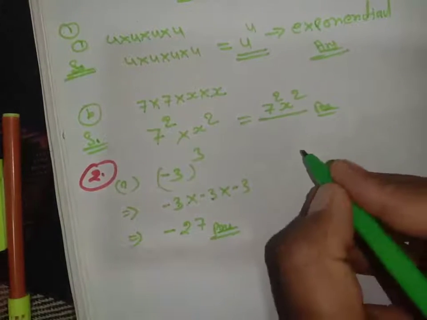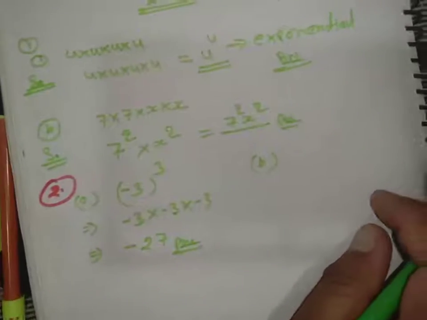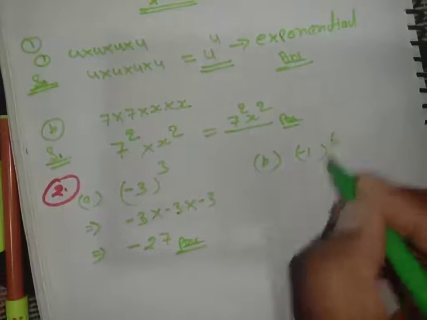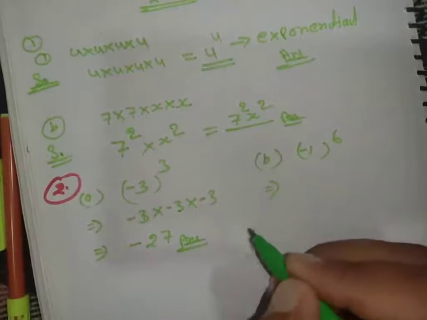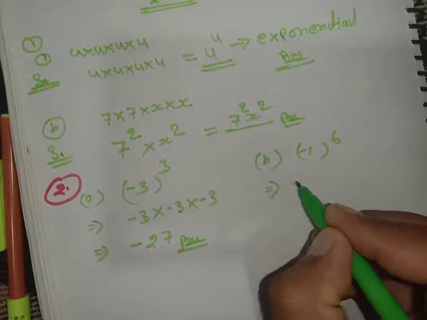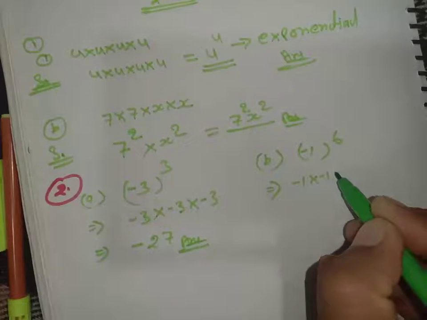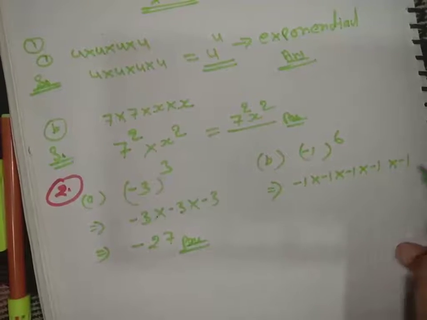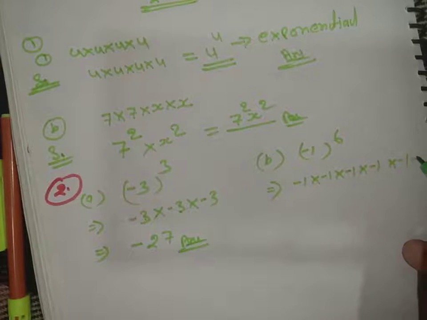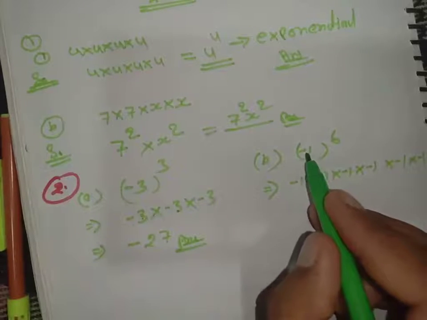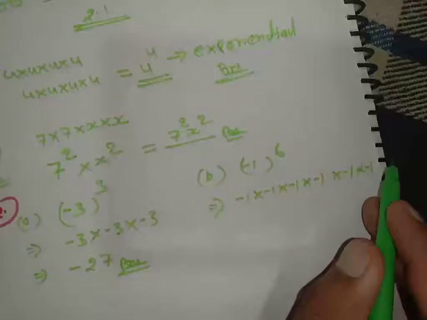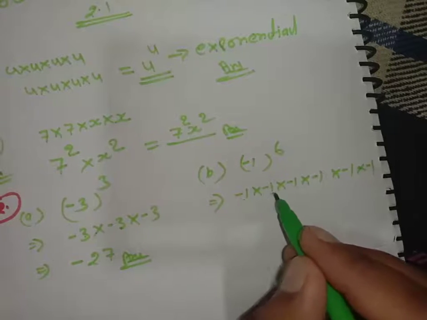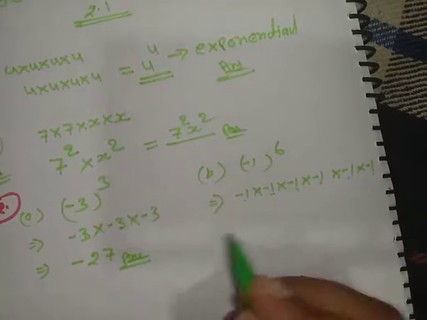Next, minus 1 to the power 6. So we can write minus 1 into minus 1 into minus 1 into minus 1 into minus 1 into minus 1. So we write minus 1 six times: 1 2 3 4 5 6.